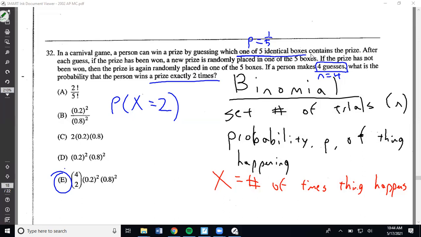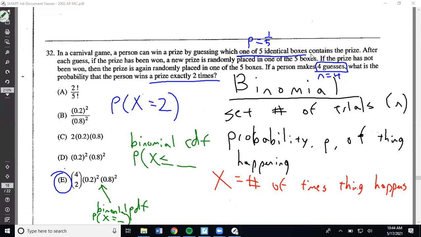In the calculator, this can be done with Binomial Pdf. Binomial Pdf is what we would do for the probability that X equals a certain value. Binomial CDF would be the probability that X is less than or equal to a certain value.